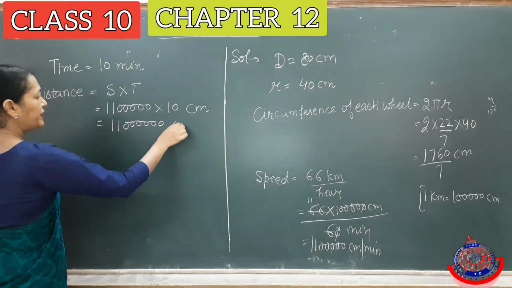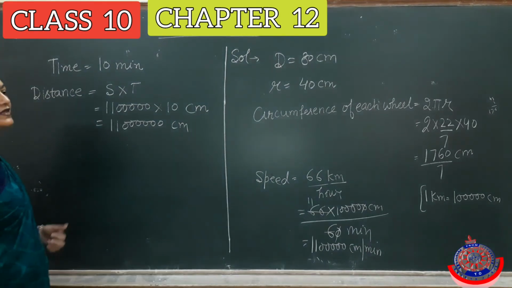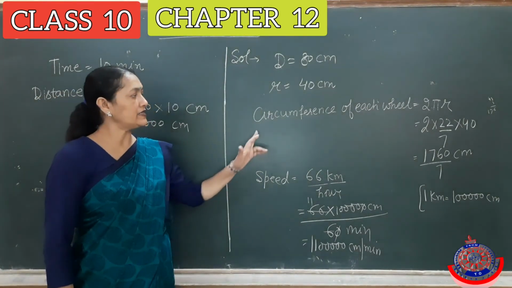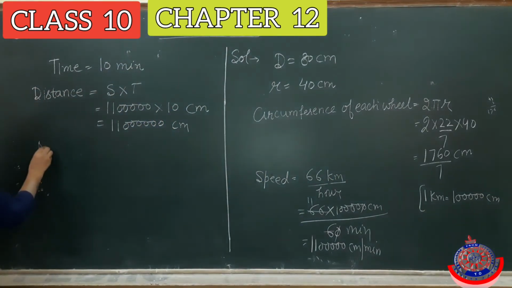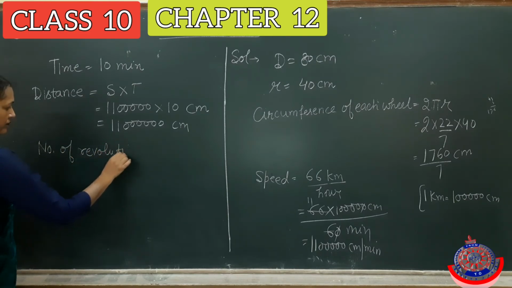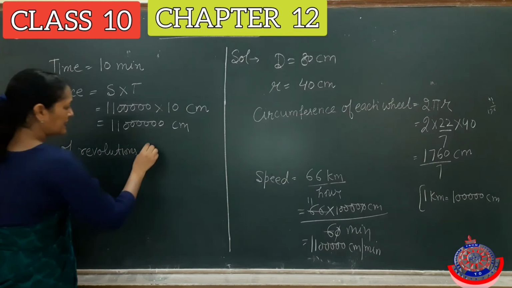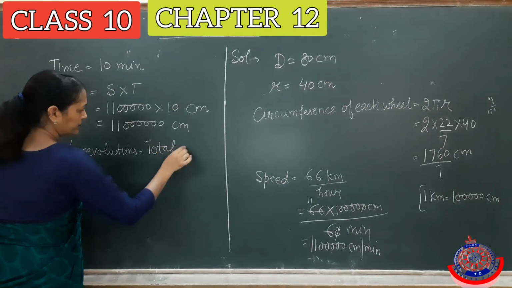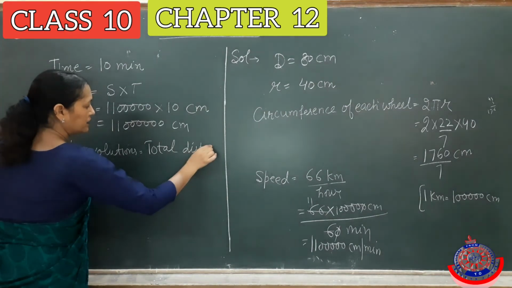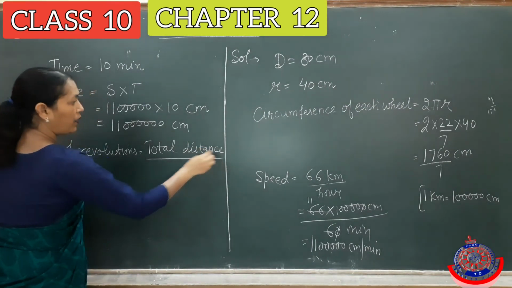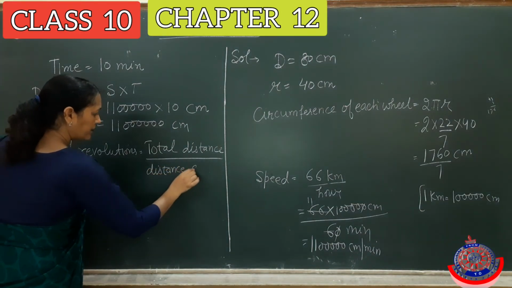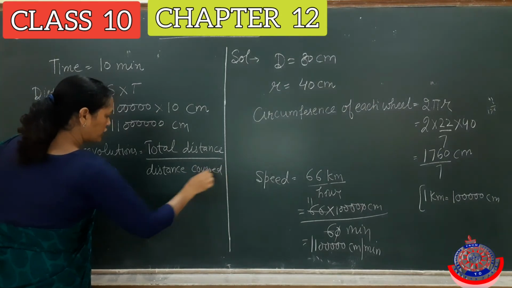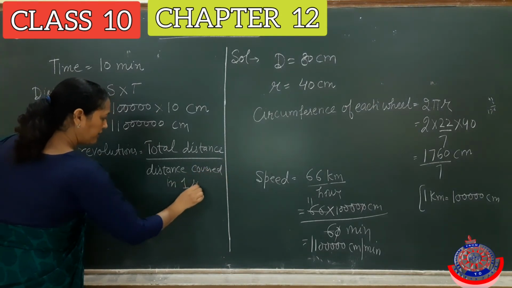So here we have calculated total distance covered by the car or by the wheels, and distance covered in one revolution is also there. So number of revolutions would be total distance covered by the car upon distance covered in one revolution, in one round.